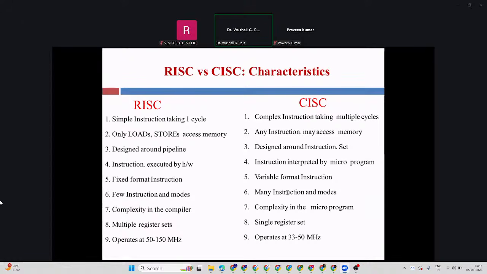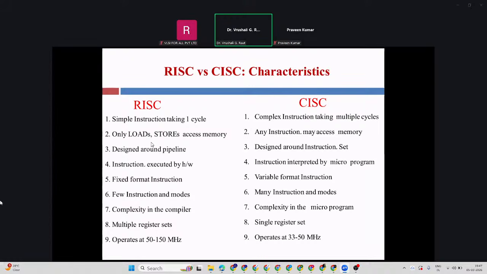And as this one is complex, it will be having many instructions and many modes of operation. Direct mode, indirect mode, that way, different modes of operation can happen. And in RISC case, you will be having few instructions and few modes. So at the assembly level, it is easy for a human being to understand it. Is it right?